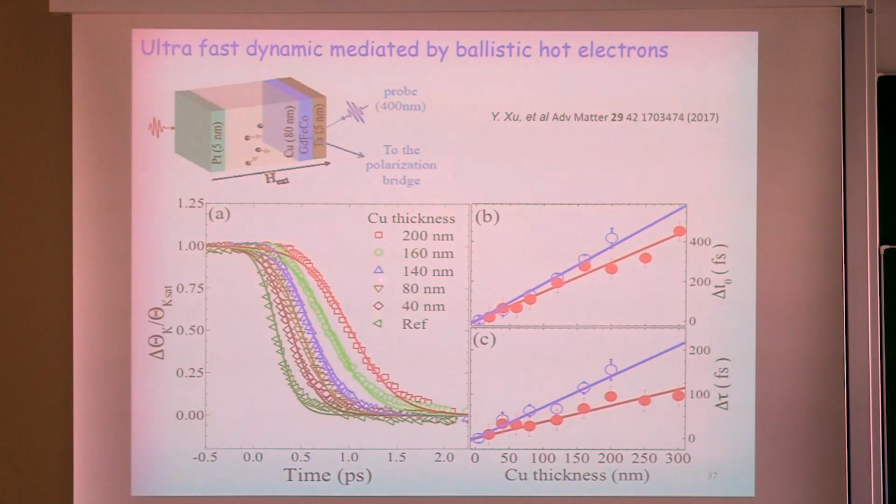Again, what could be observed is that there's a delay, and this delay depends on the copper thickness. So we plotted here the delay and also the broadening. And again, we have this linear variation. And the linear variation that we observe is very similar to the linear variation that has been observed for the cobalt platinum demagnetization.